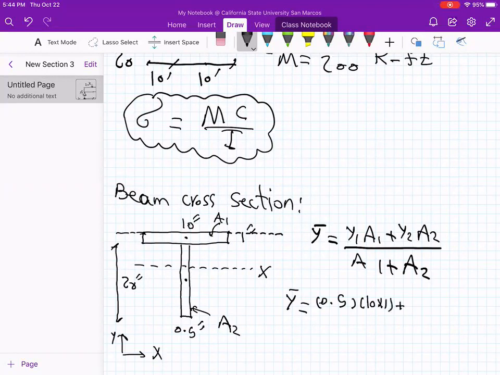What is Y2? Y2 is, say that again? 10. This is half of that, and with respect to this line it is 11, right? Just with respect to the top, because we want to find it based on a fixed line. Are you doing it from the top? Yeah, I'm doing it from the top.